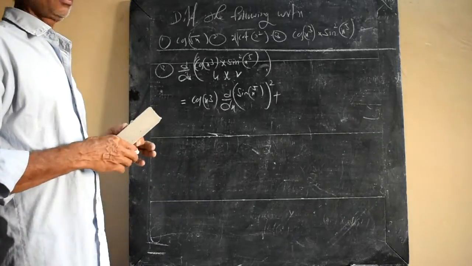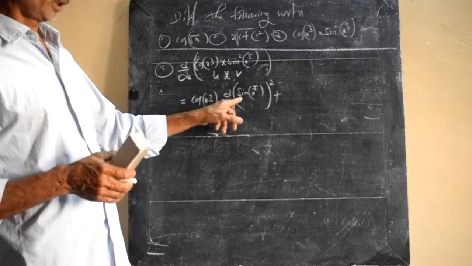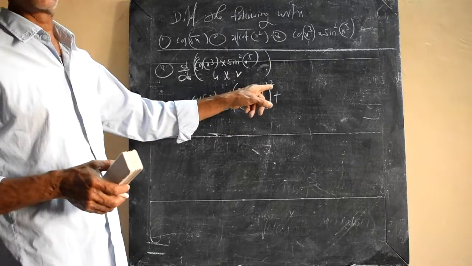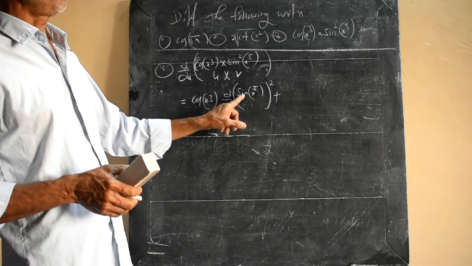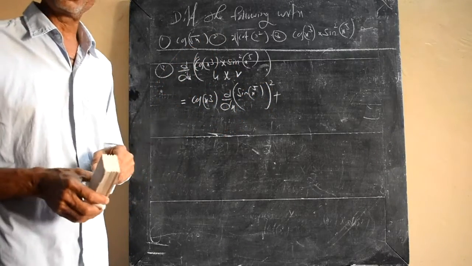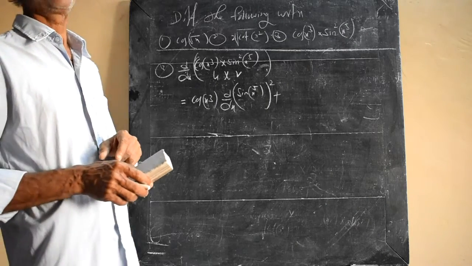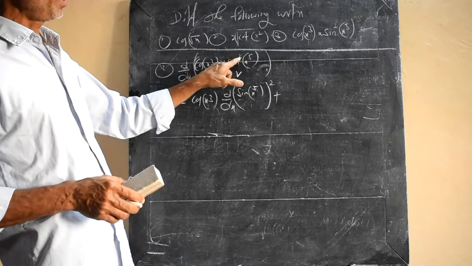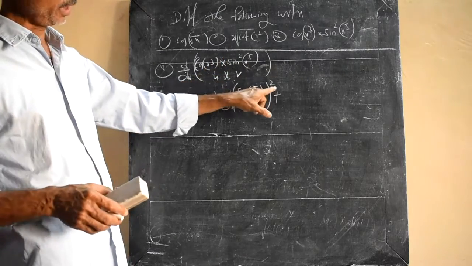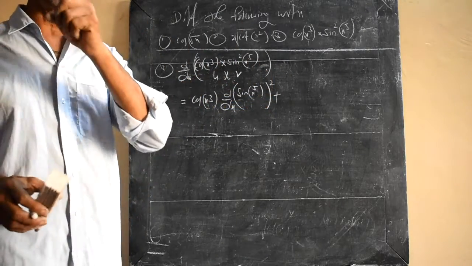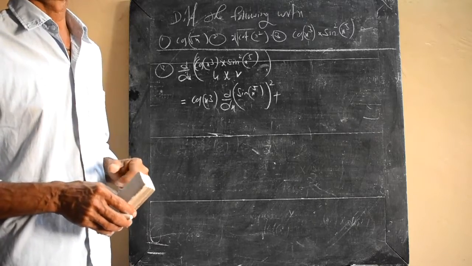Why whole square is taken? Because actually it is in the form of f of x raised to n. So it is in the form of sin square x raised to 5, means sin square theta. Sin square x differentiation is sin x the whole square. Therefore for any trigonometric function raised to n, that should be taken as whole raised to n. Then it belongs to the category of f of x raised to n.